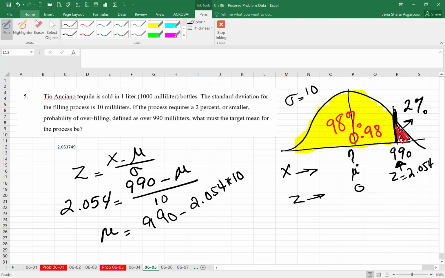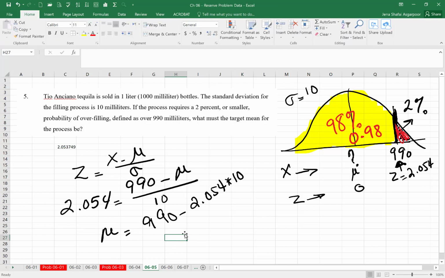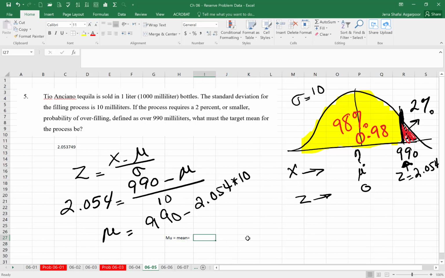So mu, or mean, equals 990 minus 2.054 times 10.